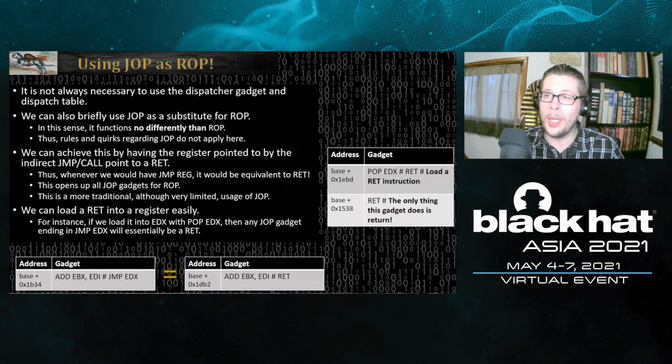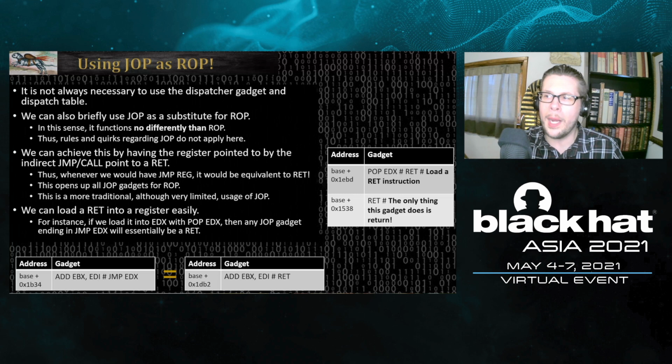Another technique that we can use is using JOP as ROP. So if you're doing return-oriented programming and you can't find the right ROP gadget that you want, one thing you can do is briefly transition to JOP if you can find the equivalent JOP gadget that you want.